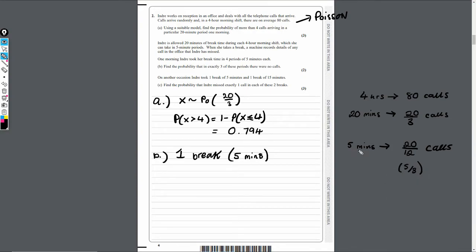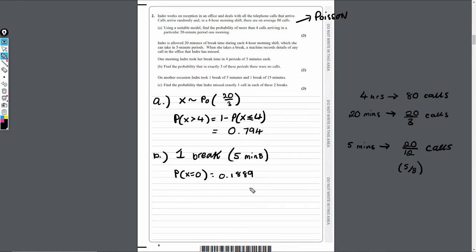What I've got to do now is work out the probability that X is equal to 0 for one of these. So probability that X is equal to 0 using this lambda. If you do this on your calculator, what you'll get is 0.1889, right? So we've got that one there. So this is my probability of there being no calls in one break.